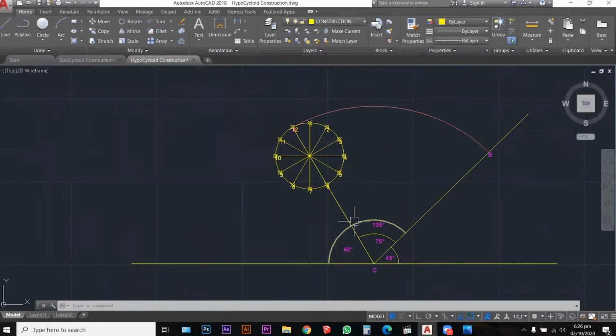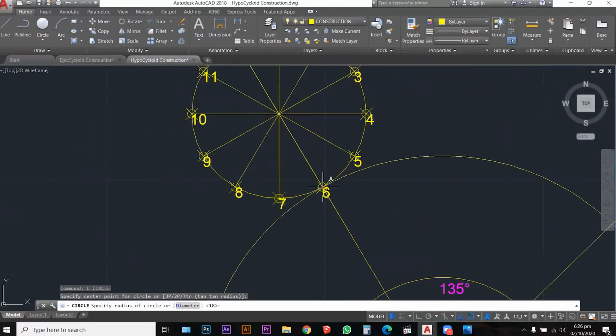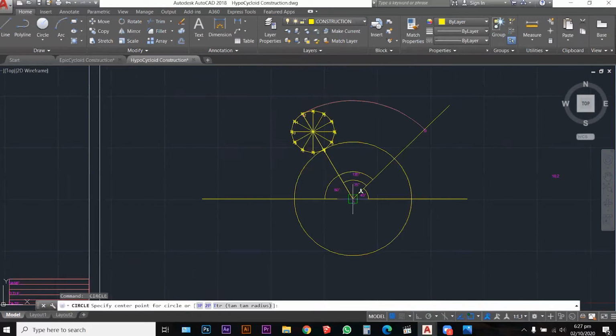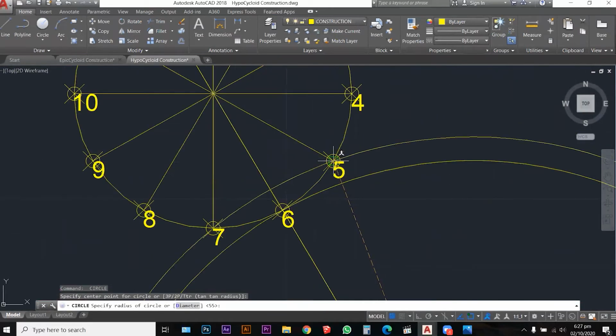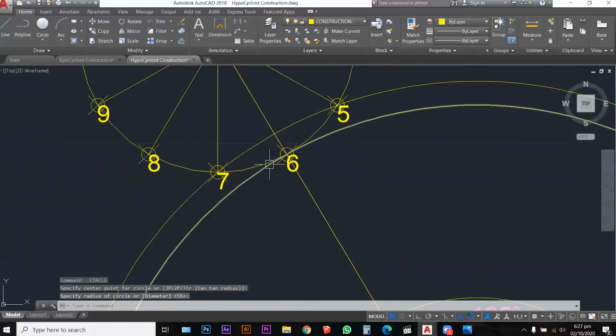Okay, good now. We now need to create radial arc lines at each of these divisions. But seeing that these divisions are going to line up with each other, we only got to really and truly make arc lines at half of these divisions. So it's only at 6 points. So let me explain. 6 is a standalone point.